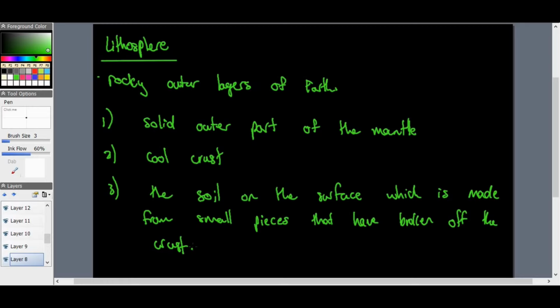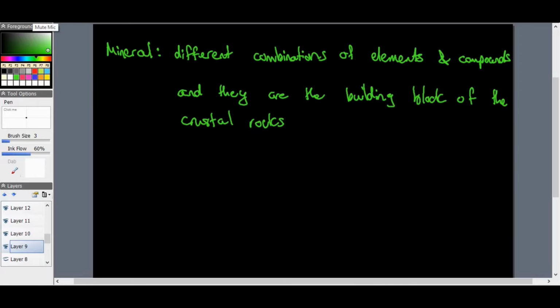Minerals are combinations of elements and compounds that are the building blocks of the crustal rocks. Same way we learned earlier in the year that a cell is the building block of all living things.